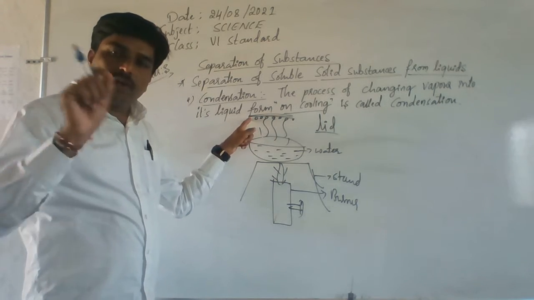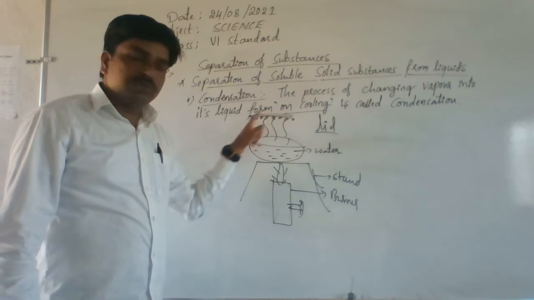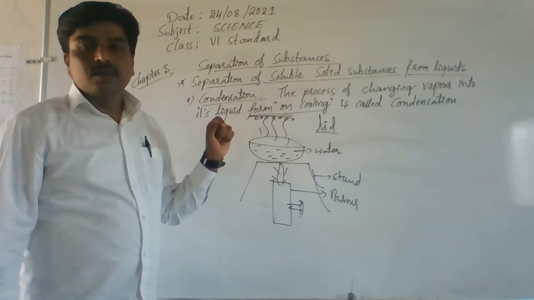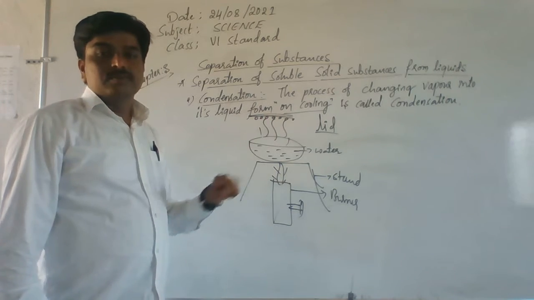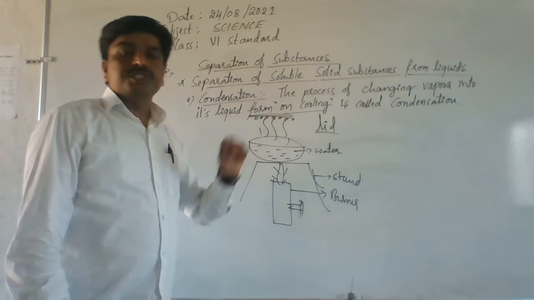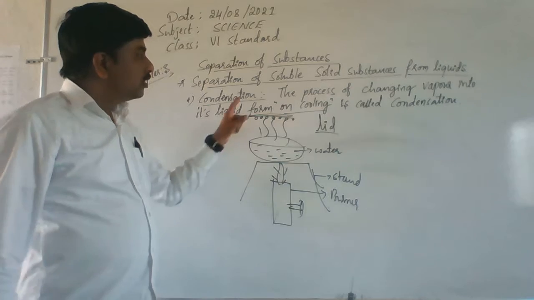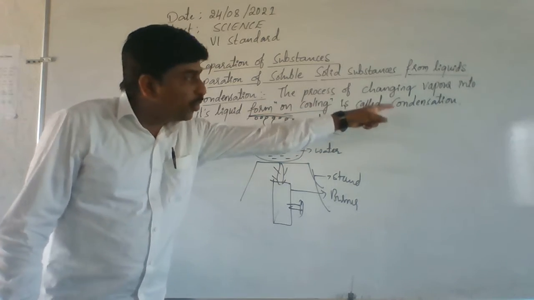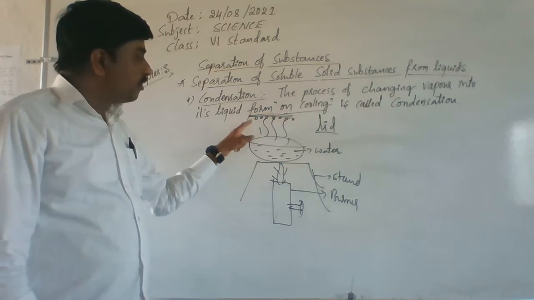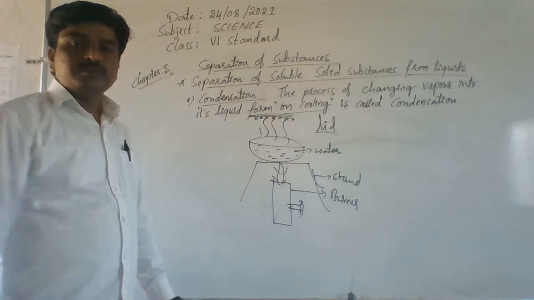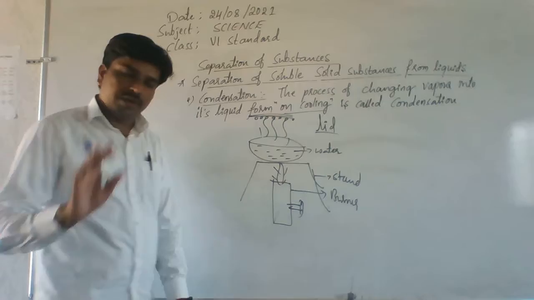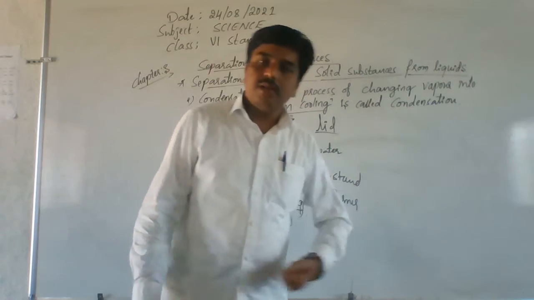You can observe the small droplets of water sticking to the surface of the lid. So this process we call condensation. This method we call the condensation method. Very simple. The process of changing vapor into its liquid form on cooling is called condensation. Clear or not, students? Very easy, very simple activity.